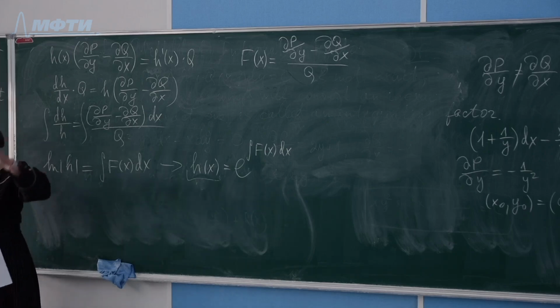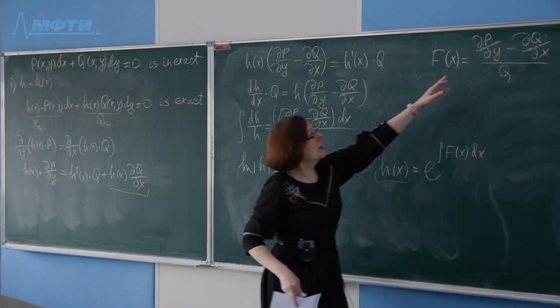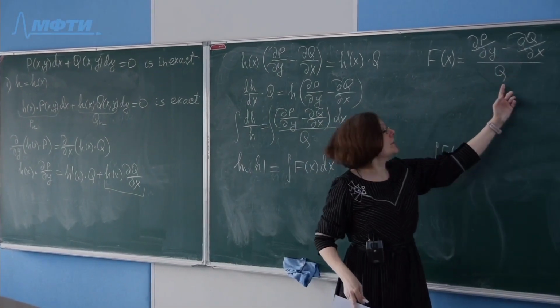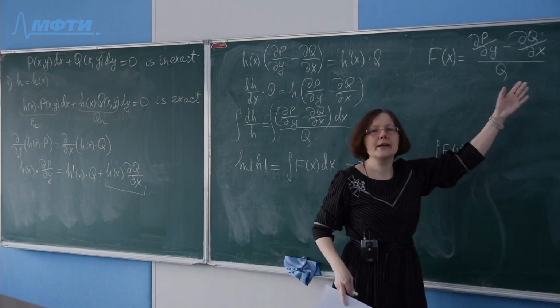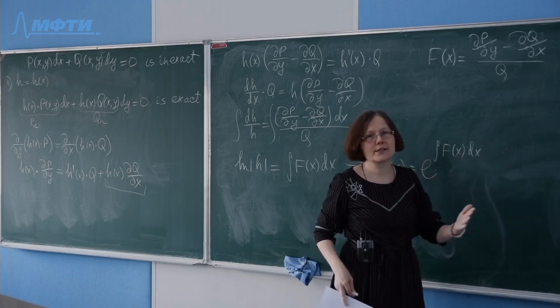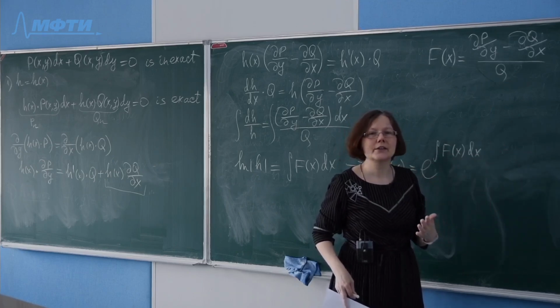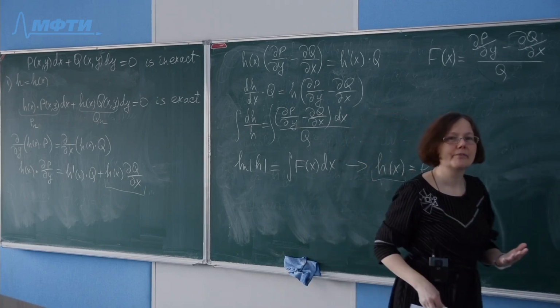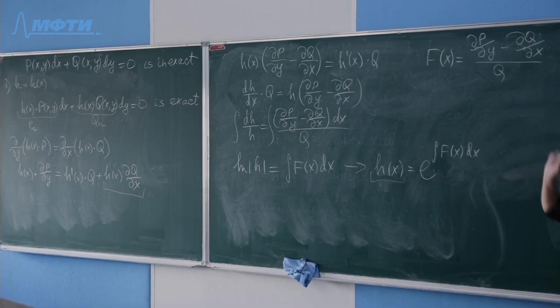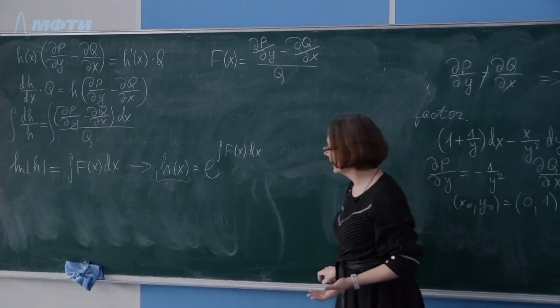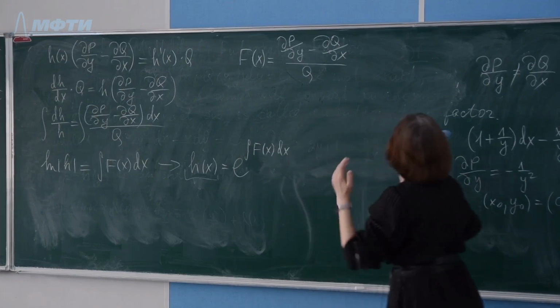Then we find the difference of these two partial derivatives and divide by q. And if this doesn't depend on y, then we are done. I'm saying that if we had written h equal to h of y instead, then we should switch these two terms and divide by p. Of course, yes. And we will use the same method for h of y.